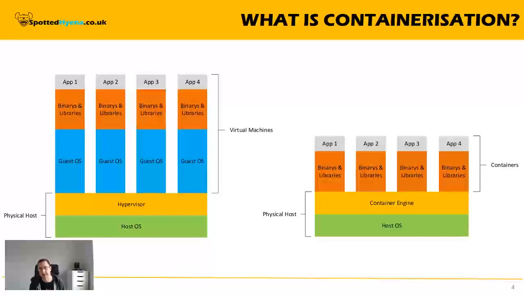But further to that, if the binaries and libraries are used in different containers and they're the same, so the versions are the same, the files are the same, then Docker is clever enough to be able to deduplicate those files. So you'll only have one copy of every type of file on there, which makes it a lot more friendly for storage savings. You've also got those improvements on being able to have different versions of binaries and libraries, which is a great bonus.